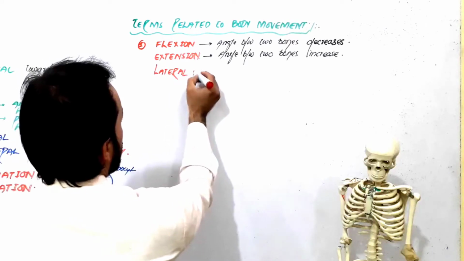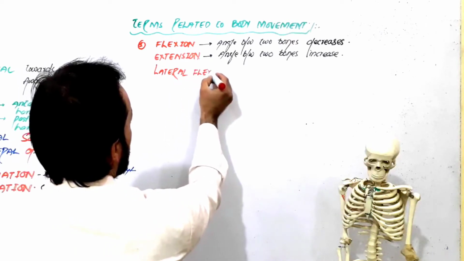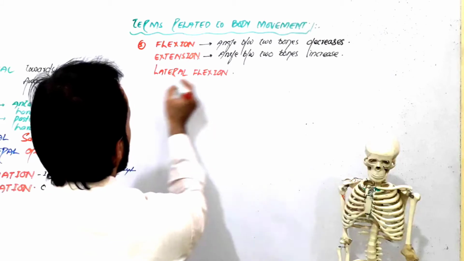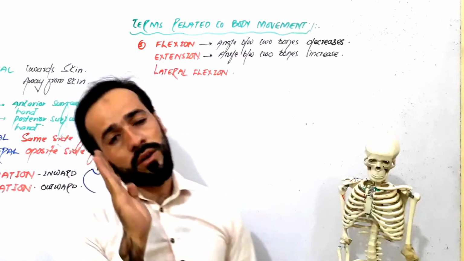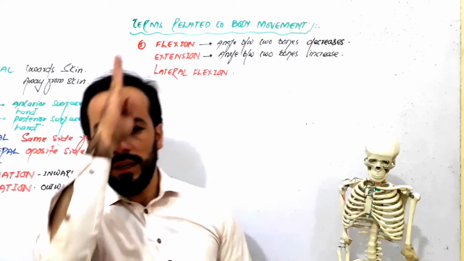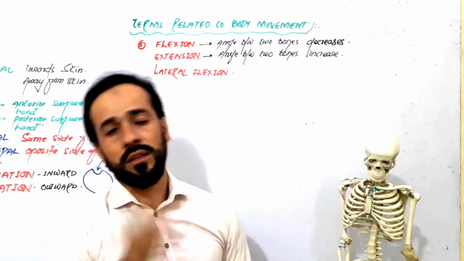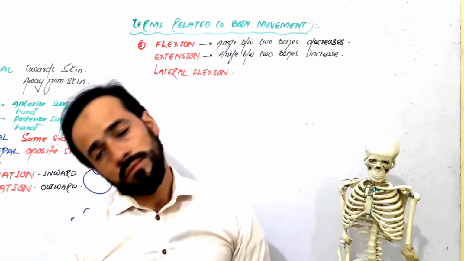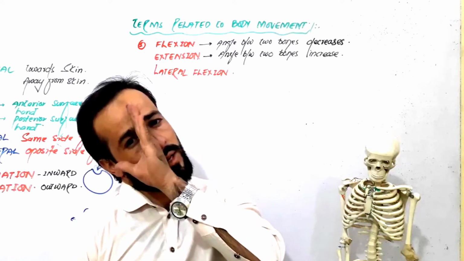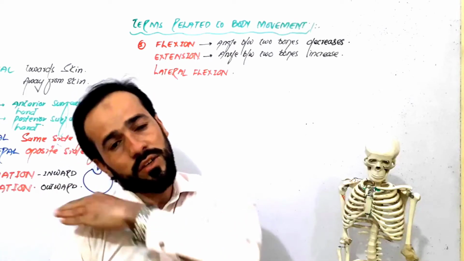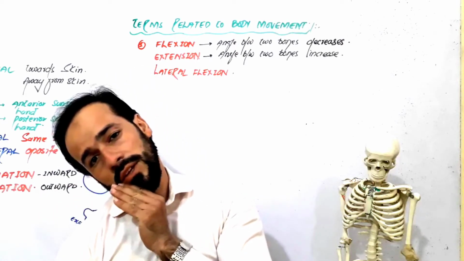Lateral flexion. As I told you in the previous lecture, lateral means away from the midline. So look carefully. If you are flexing away from the midline, away from the center, this is called lateral flexion. Here the angle decreased, but my head tilted towards the lateral side. That's why we call it lateral flexion.